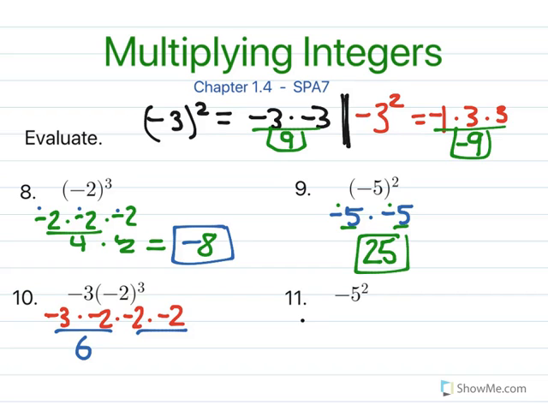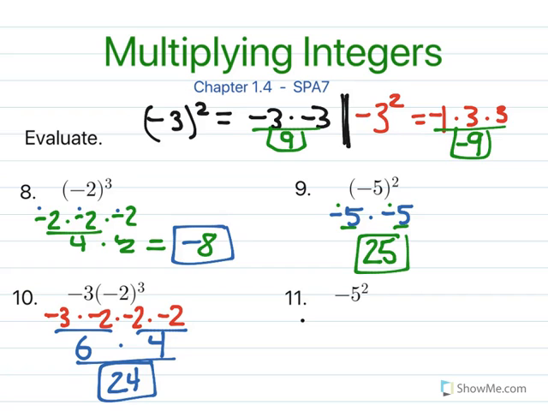And over here, I have negative 2 times negative 2, which is positive 4, because a negative times a negative is positive. And then 6 times 4 equals 24.